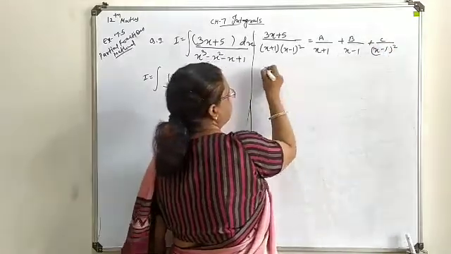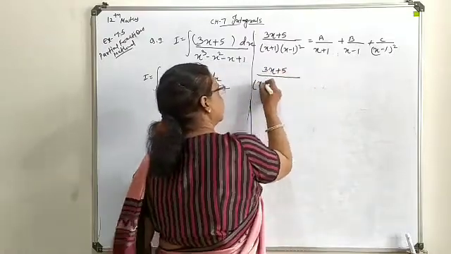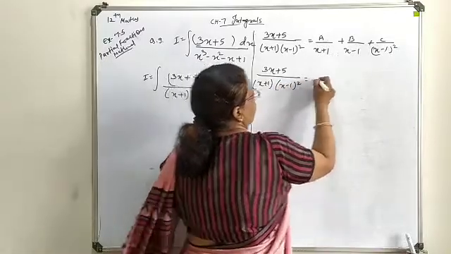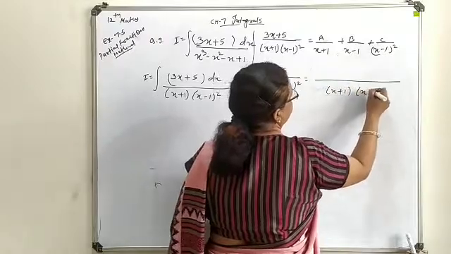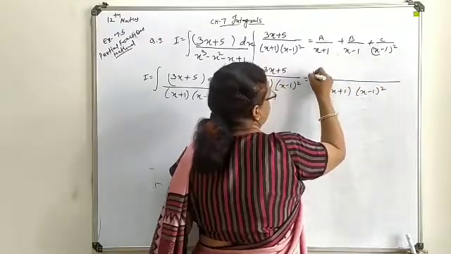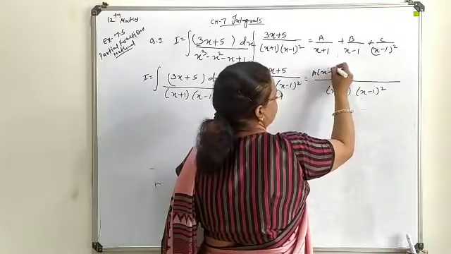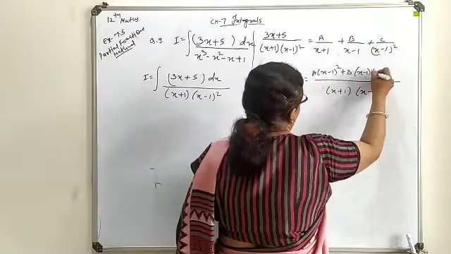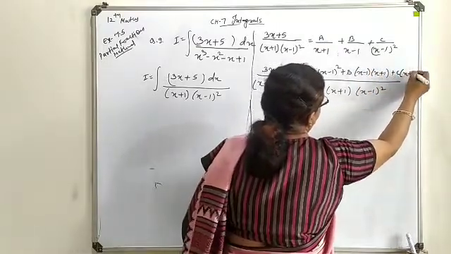Now your method of writing will remain the same. Go for taking LCM, that will obviously be x plus 1 and x minus 1 whole square in the denominator. The numerator is A into x minus 1 whole square plus B into x minus 1 into x plus 1, and in the last one it is C into x plus 1.